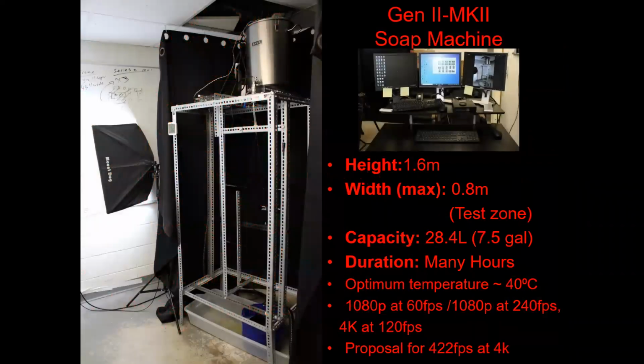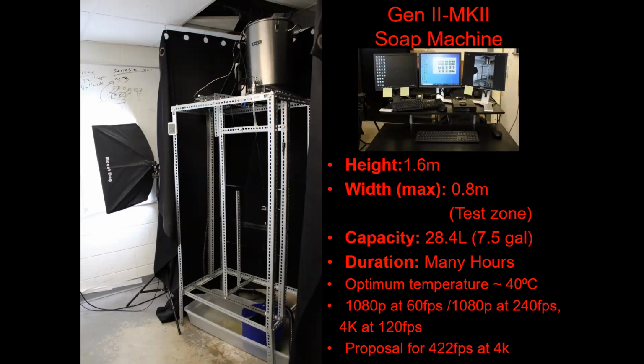Here's what we call our Generation 2 Mark II soap machine. As you can see, it got a little out of hand and we've had to take the ceiling apart to accommodate it. It has a height of about 1.6 meters, giving us a test zone about 0.8 meters across. It can also be made smaller and constrain the flow should we need to. It has a capacity of about 28 liters or 7.5 gallons, giving us a duration of many hours.